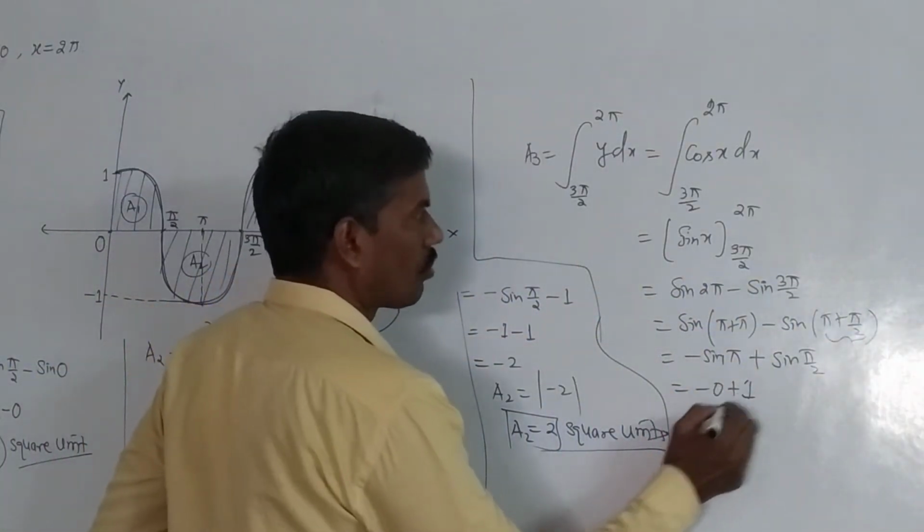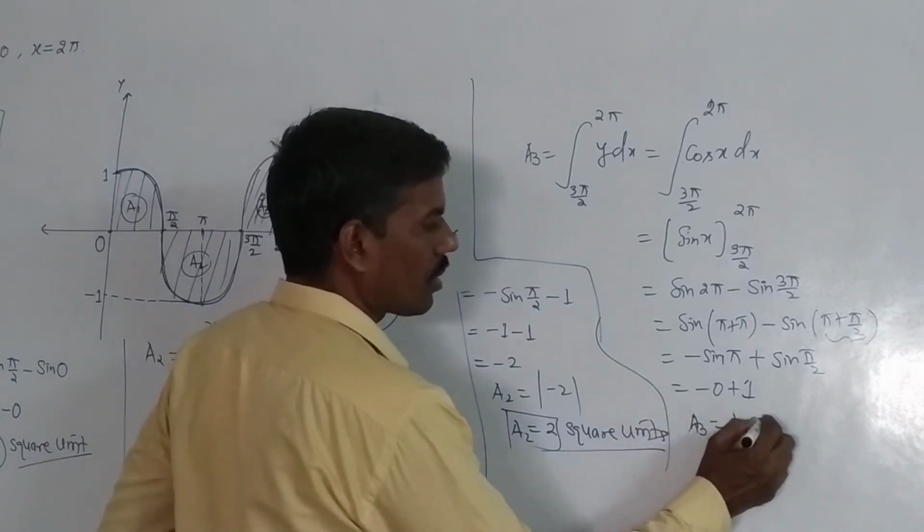So this is equal to 1. A3 is equal to 1 square unit.